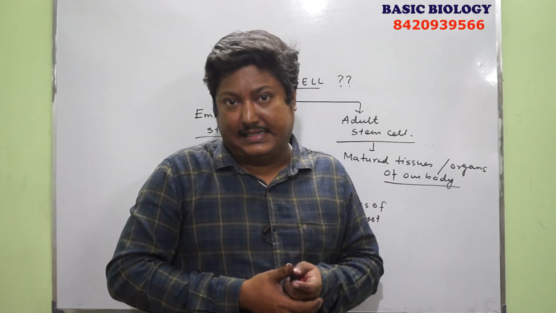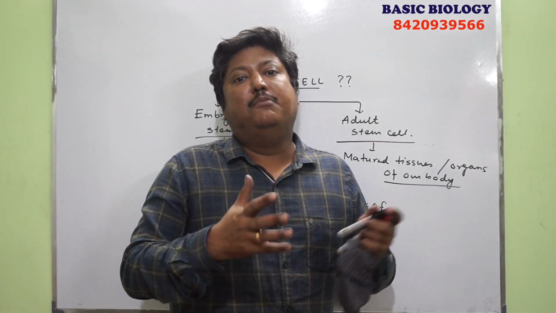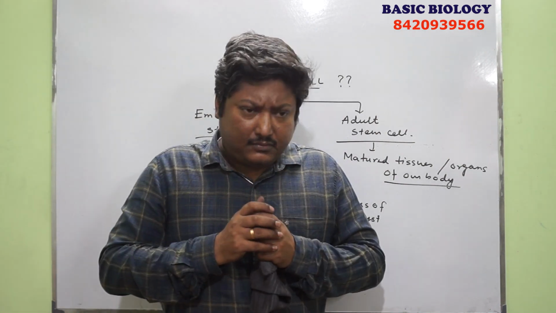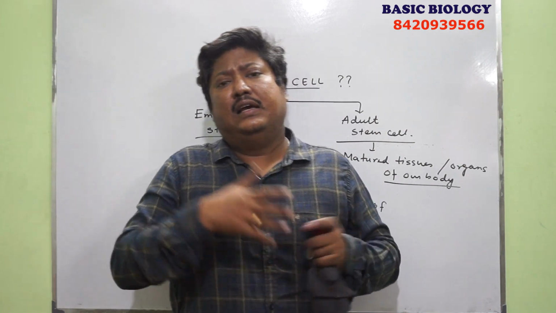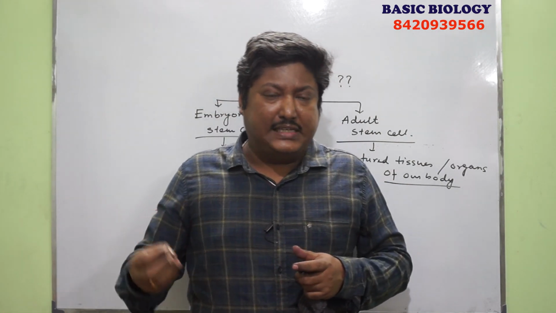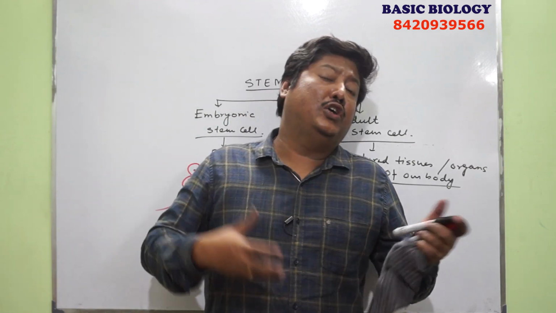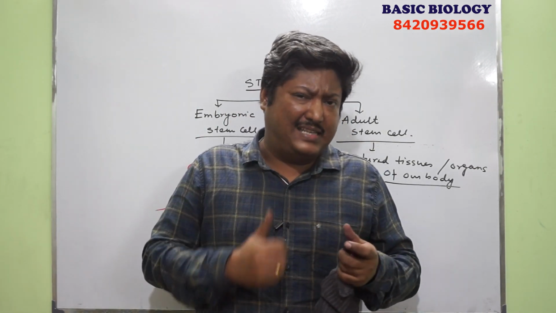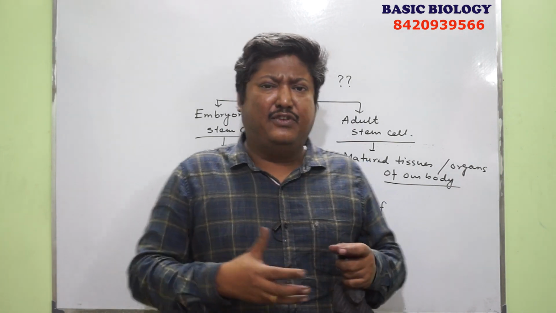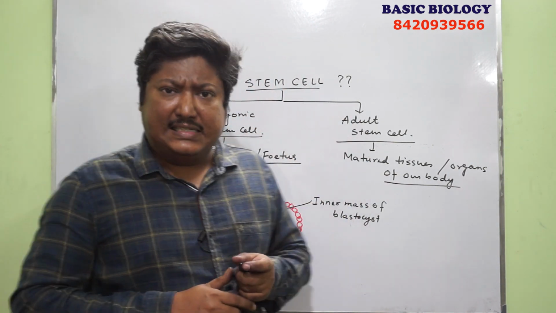Say for example the hemopoietic stem cells, those are located within the bone marrow. So that hemopoietic stem cell differentiates into different types of blood cell lineages. Say for example lymphocytes or different types of blood cells, red blood cells, platelets, neutrophils, basophils, those all are developed through these adult stem cells.